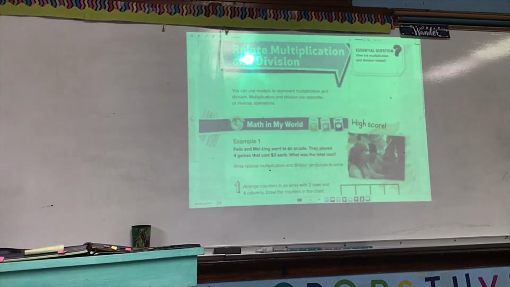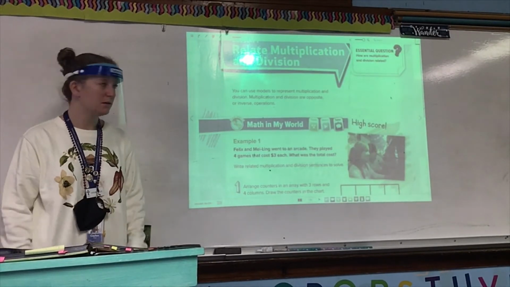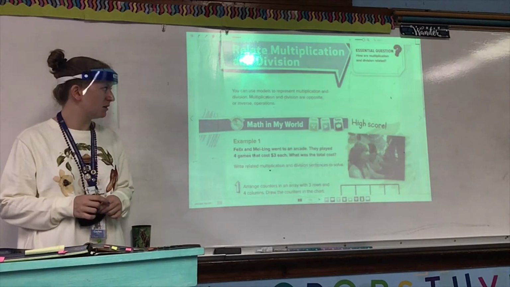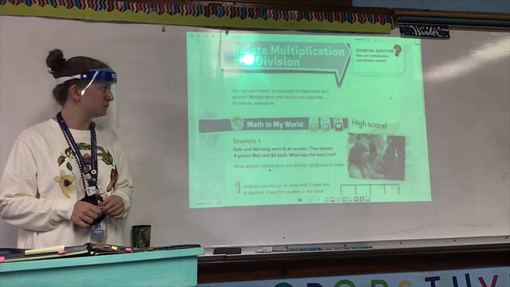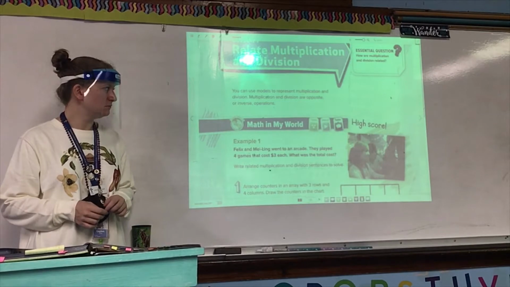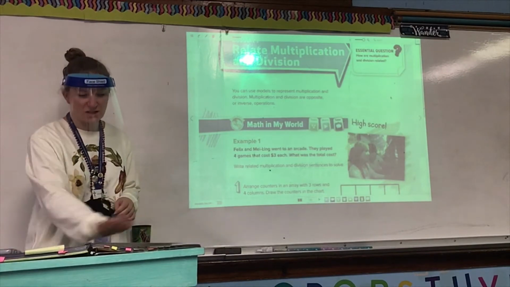Can use models to represent multiplication and division. Multiplication and division are opposite or inverse operations. Good. So that's what we just talked about.